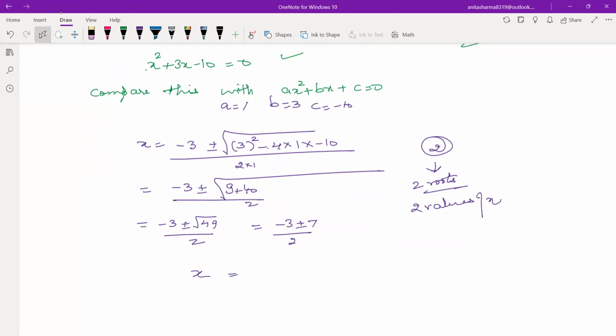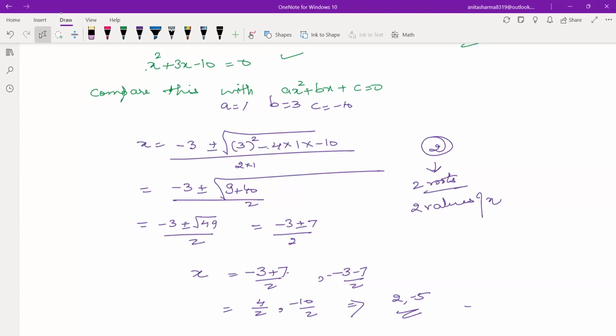So you will write x is equal to minus 3 plus 7 by 2 and minus 3 minus 7 by 2. Clear? So 7 minus 3 will be 4 by 2 and minus 7 minus 3 is minus 10 by 2. So your answer will be 2 and minus 5.